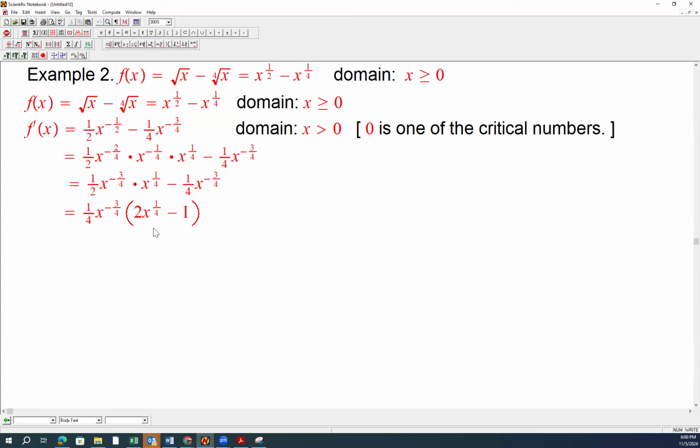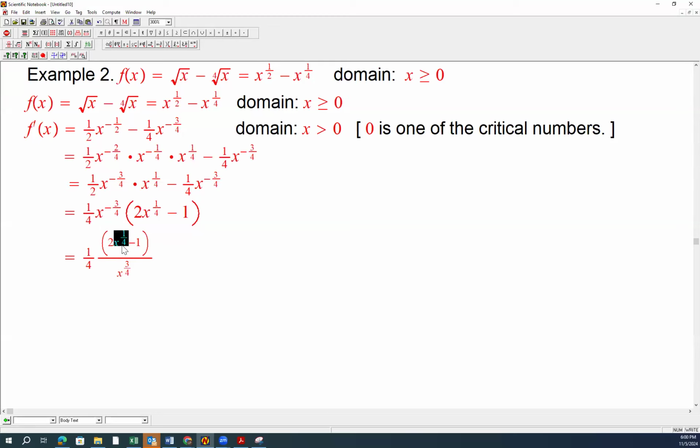All right? And the negative exponents can be written down in the denominator. So this will confirm to us one more time that the positive exponent, so this tells us the domain has to be greater than 0 because we have x to the power 3/4 in the denominator.